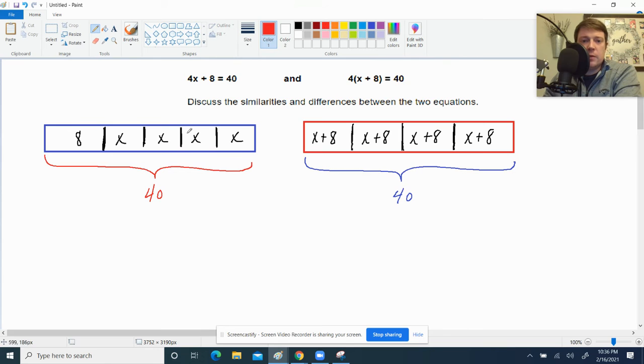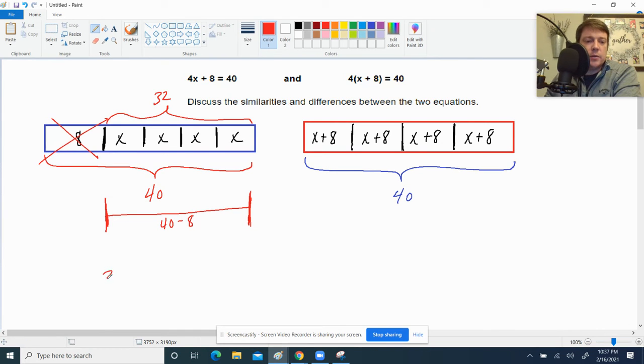So the reasoning that I would make on this one on the left was, well, if this whole thing's 40 and I take this 8 away, that means that this remaining section from here to here that has these 4 x's is the same as 40 take away 8. So that's like saying this section right here is 32 in length.